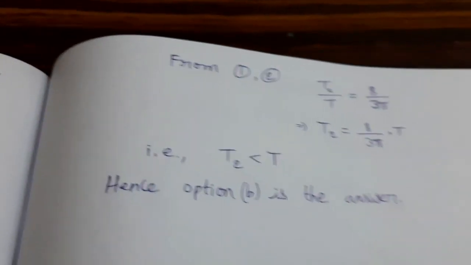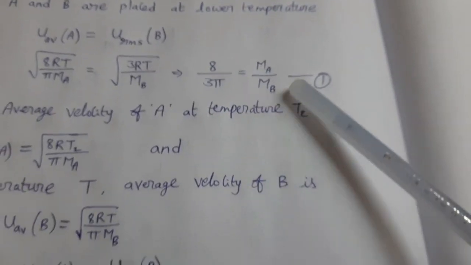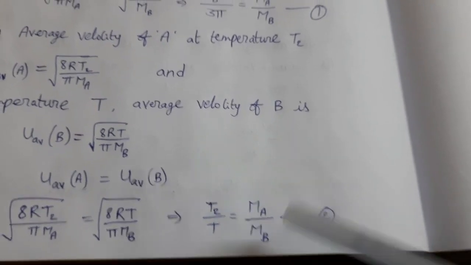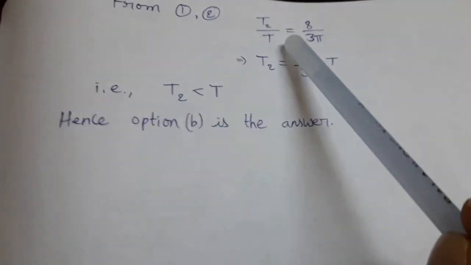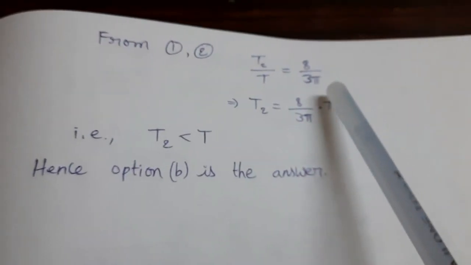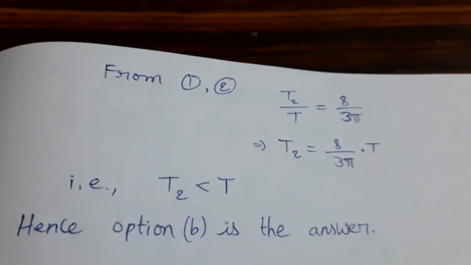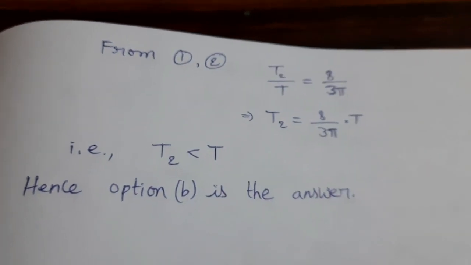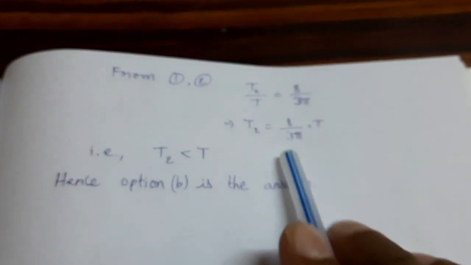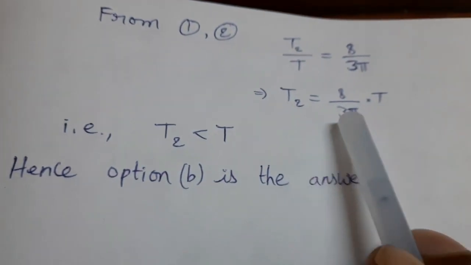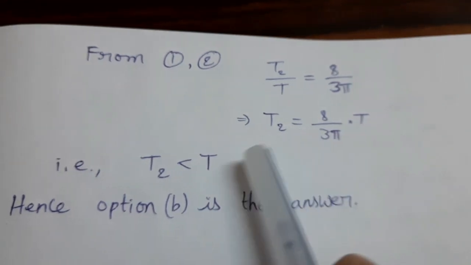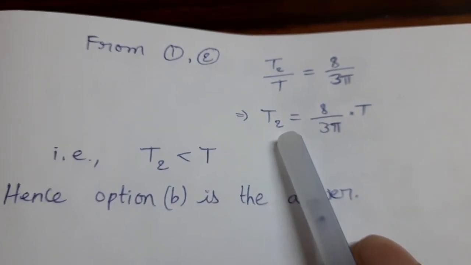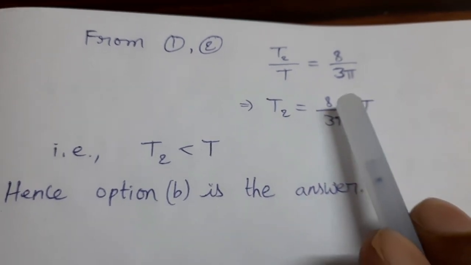Now, from 1 and 2, say this is 1, this is 2. In place of MA by MB, can we write 8 by 3 pi? Yes. So, from 1 and 2, T2 by T equals 8 by 3 pi. So, T2 equals 8 by 3 pi into T. That means the T2 value is obtained by multiplying temperature T with 8 by 3 pi.